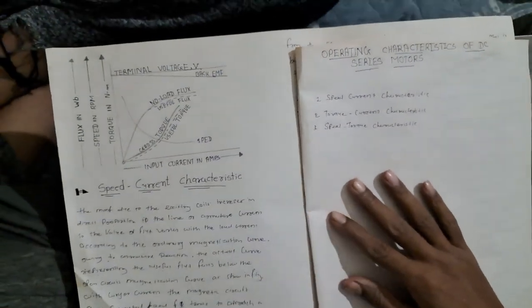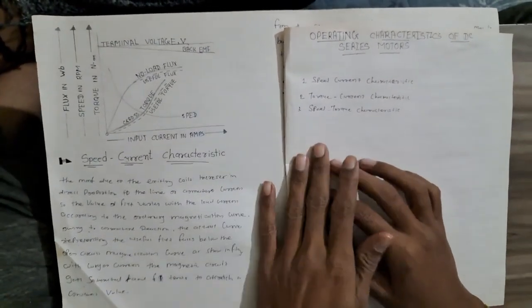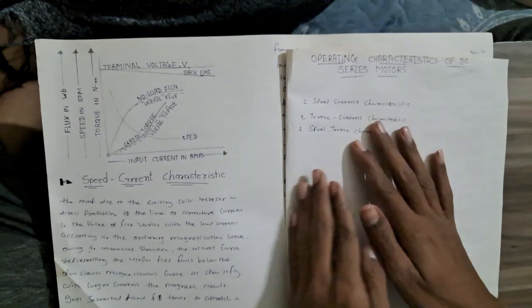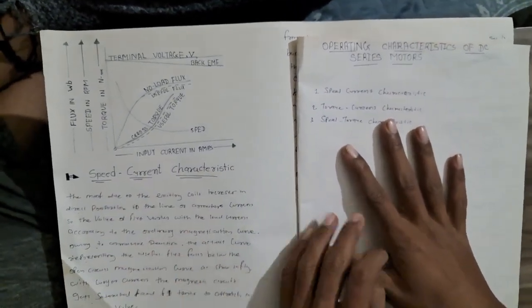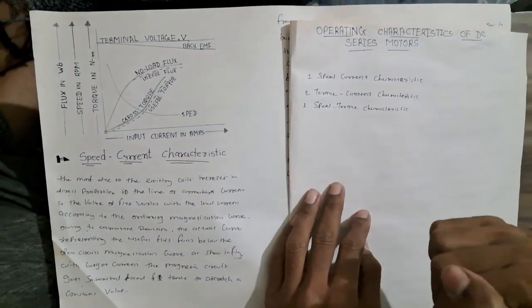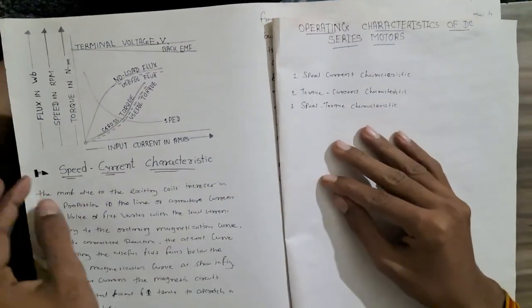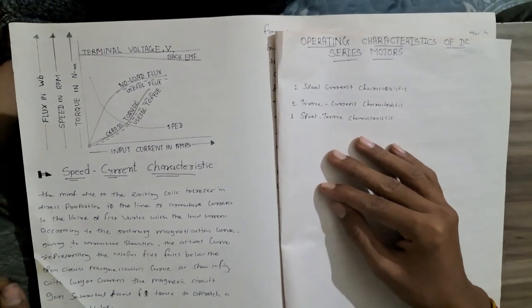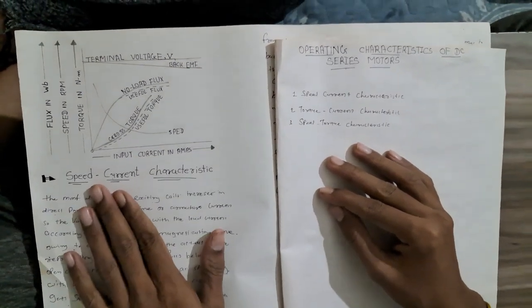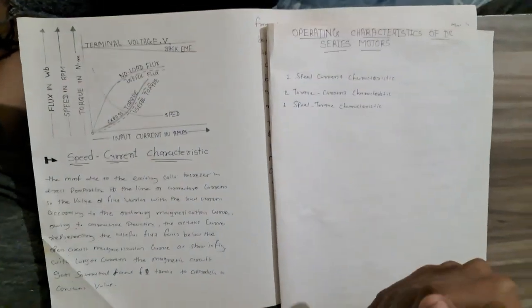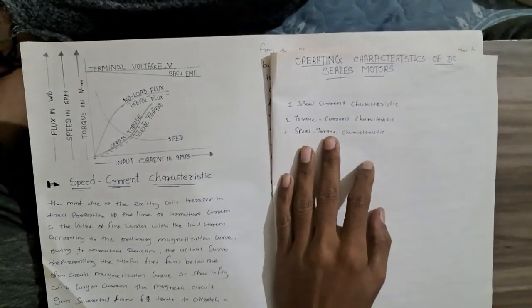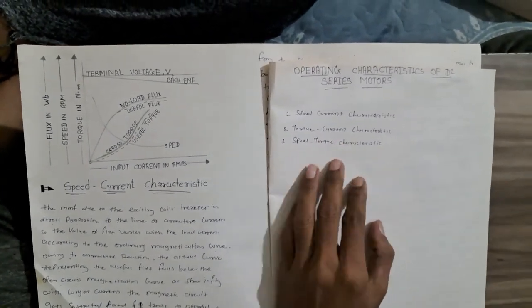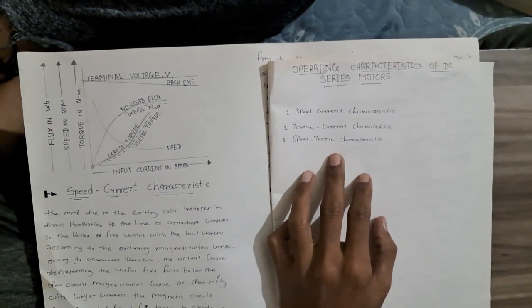So in this video we discussed the speed current characteristic of the DC series motor. The next video will cover the torque current characteristic and speed torque characteristic.